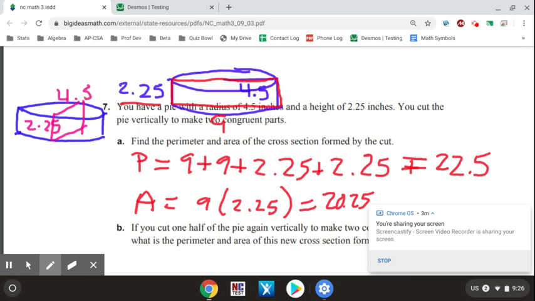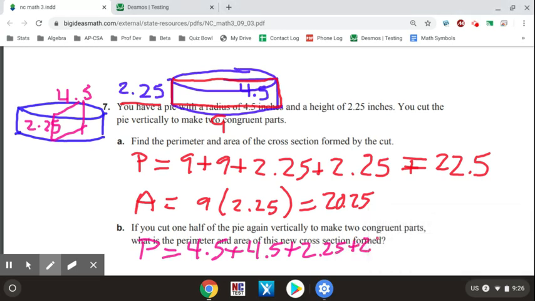So I'm going to repeat the process again, where I'm going to add 2 of those 4.5s for my perimeter. So my perimeter is 4.5 plus 4.5 plus 2.25 plus 2.25. And then that should give me an answer of 9. Another 4 is 13.